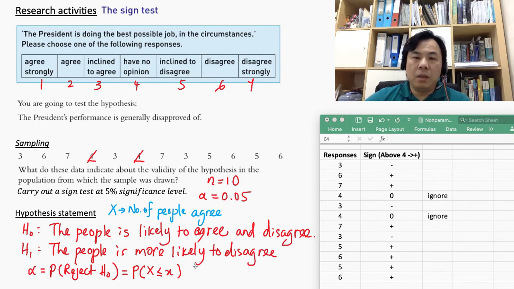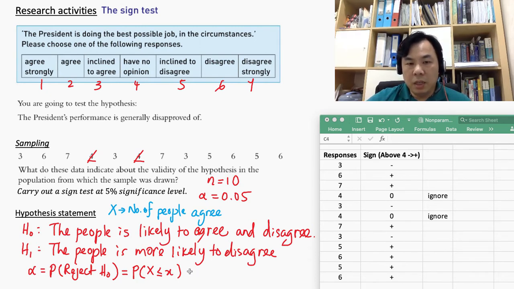Or instead, you can say that I want to have more people to disagree. But if X represents the number of people who agree, you want to have as few people agree with the statement so that we are able to have sufficient evidence to reject the null hypothesis there.